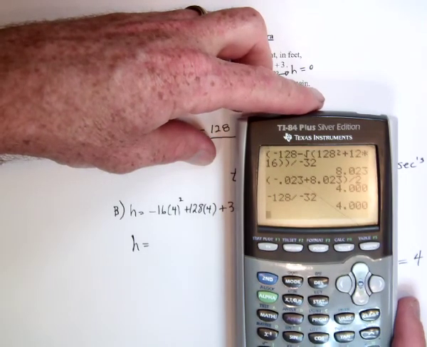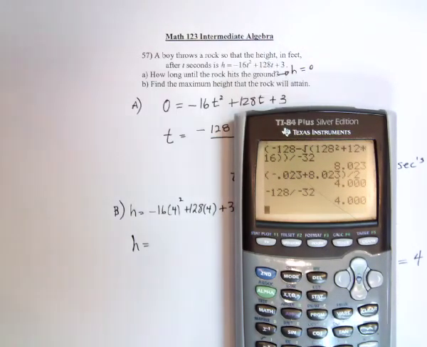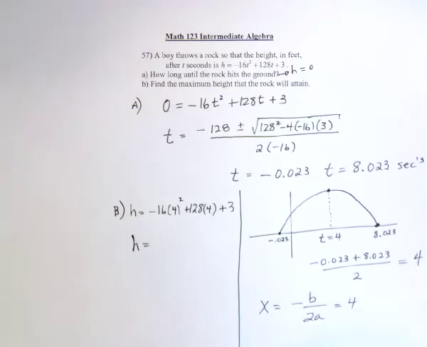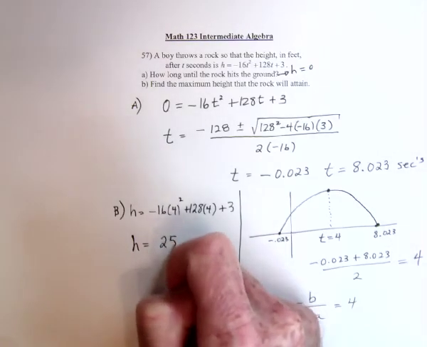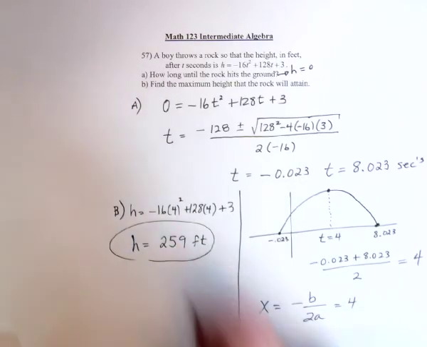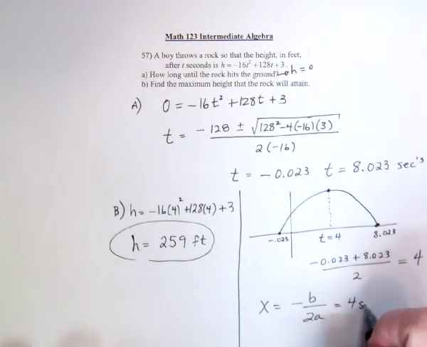Sorry, usually when I put it on the right hand side there's a terrible glare, but it seems to be okay today. So negative 16 times 4 squared plus 128 times 4 plus 3. 259. That kid can really throw. 259 feet would be the maximum after 4 seconds.